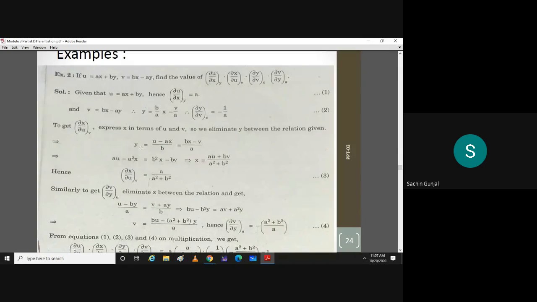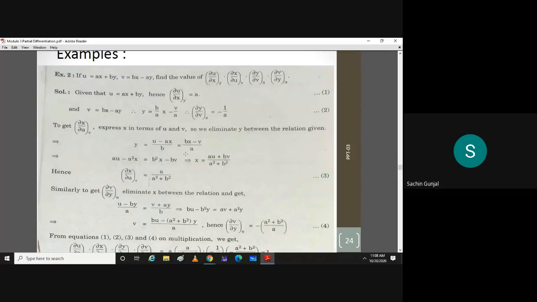y is equal to (u − x)/b, from the first. This is also the same as (bx − v)/a. Okay, bx − v upon a.